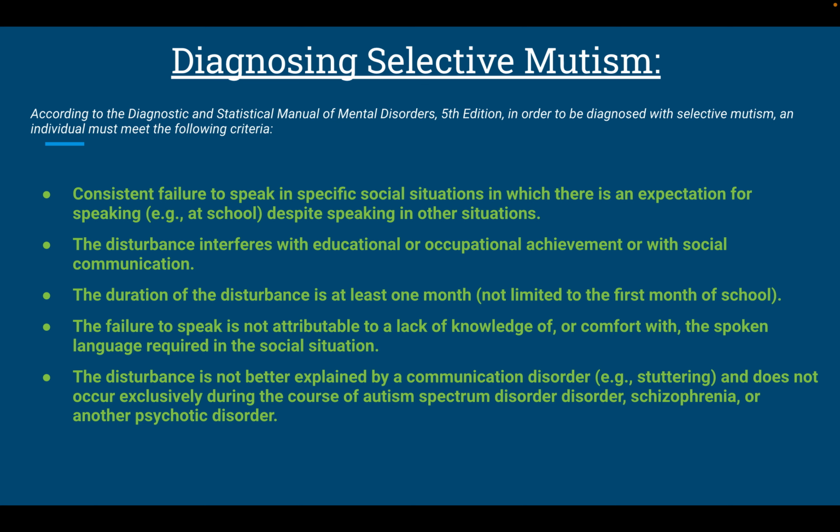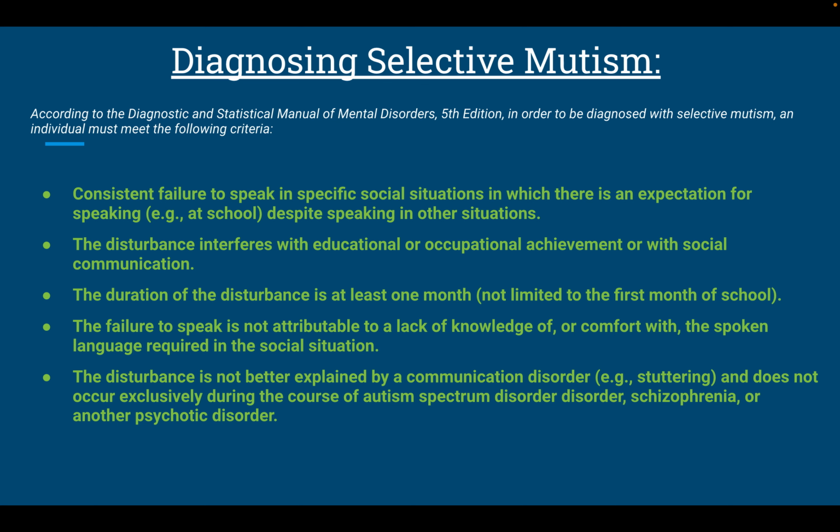Next, the failure to speak is not attributable to a lack of knowledge of, or comfort with, the spoken language required in the social situation. So when diagnosing selective mutism, if you have a second language speaker in your classroom, it's not necessarily tied to a lack of understanding of that language.